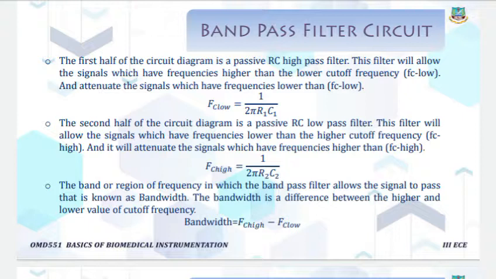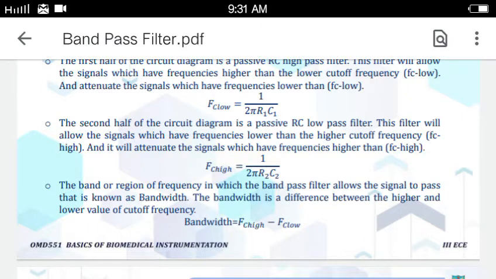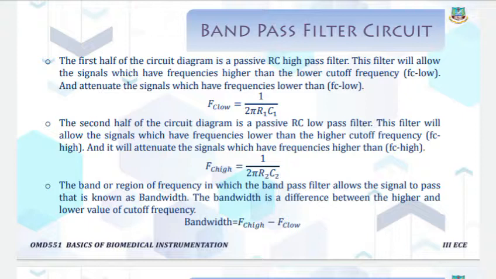The second half is the RC low pass filter, where we get the frequency FC high equal to 1 by 2 pi R2 C2. Bandwidth is the difference between the higher and lower value of the cutoff frequency. That is, bandwidth equals FC high minus FC low.